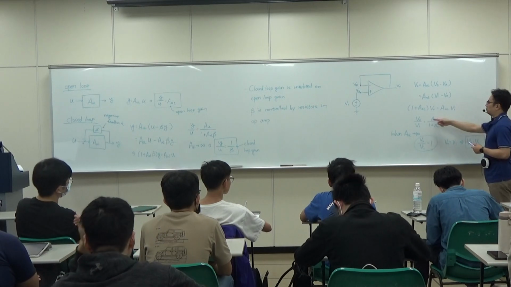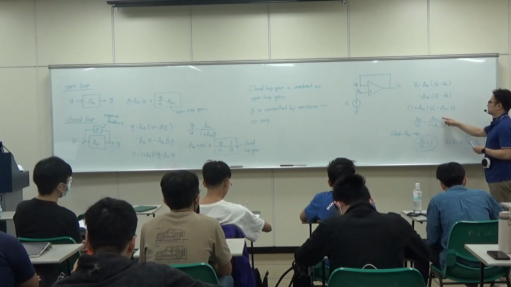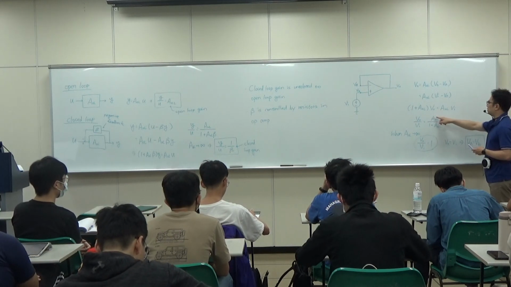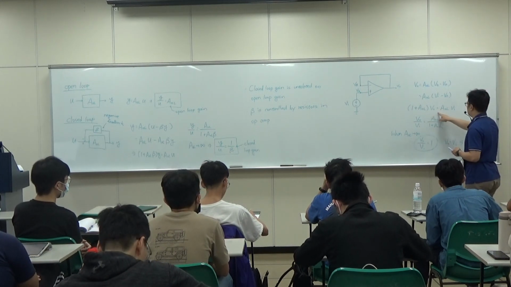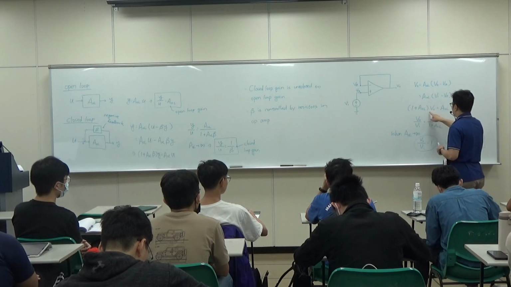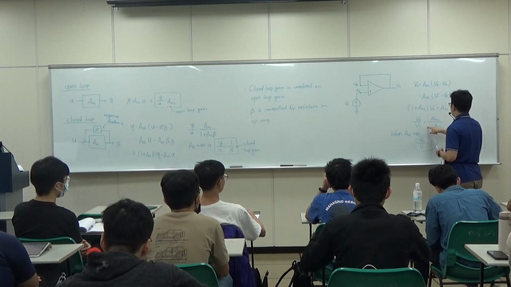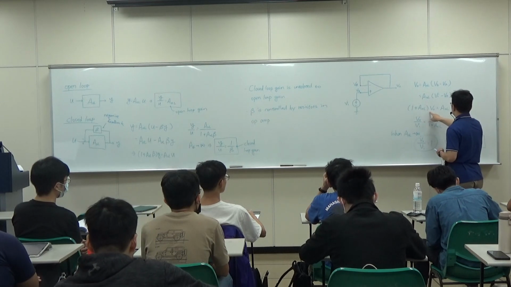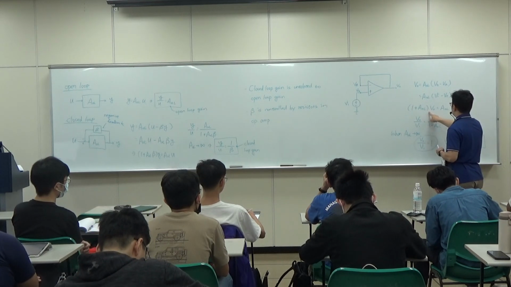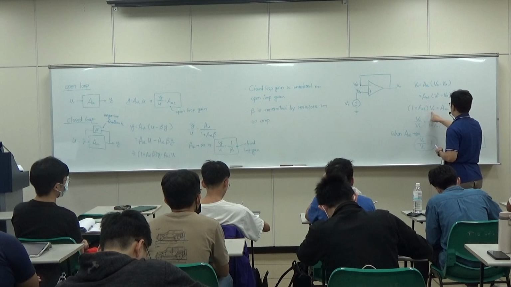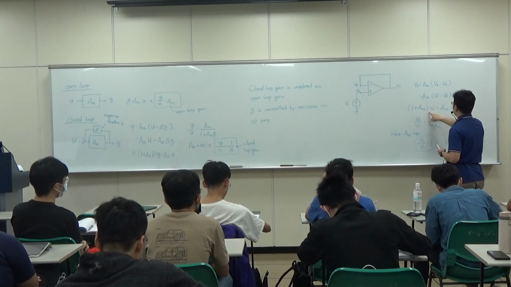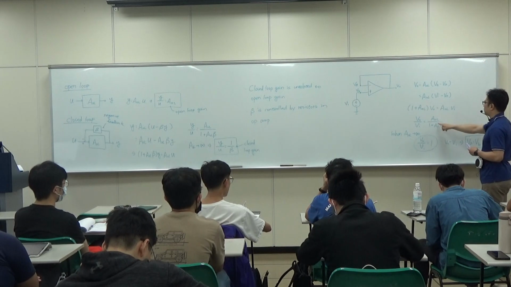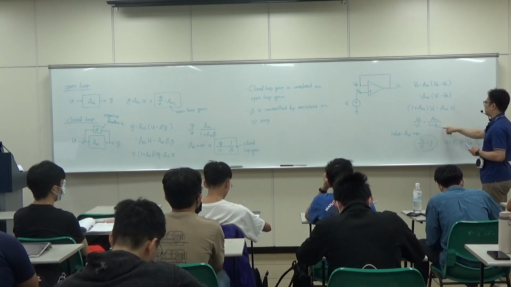We have VO divided by VI equals AOL divided by 1 plus AOL.